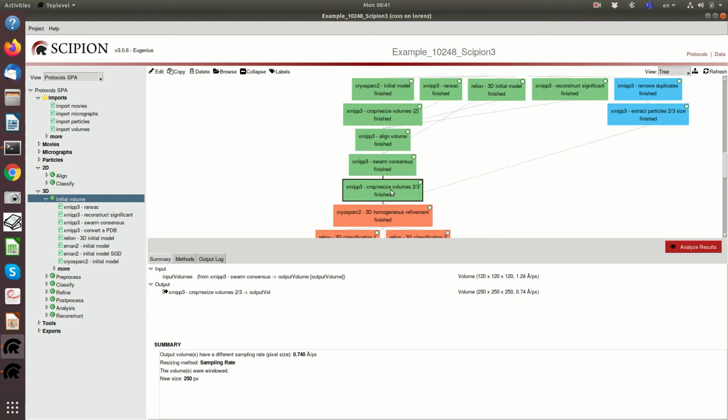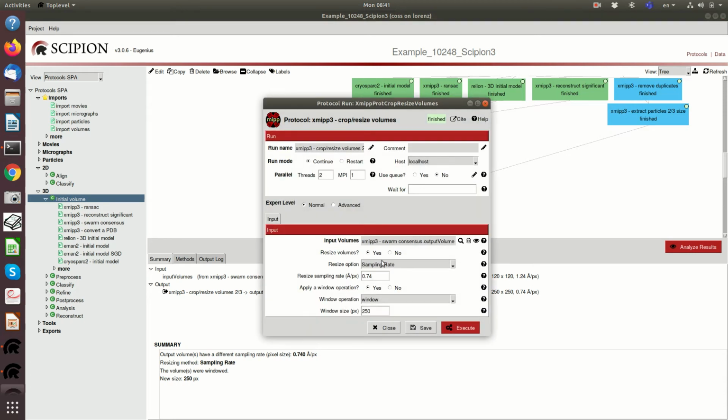Here the swarm consensus produced the volume at a different pixel size than the extracted particles. So we will apply the same crop resize volume, and this 2/3 means that it is at a size that is 2/3 of the original size. Here you take the input volume, you change the sampling rate, and you change the window so that it fits the one from the extracted particles.